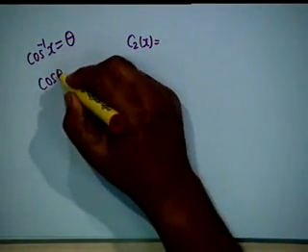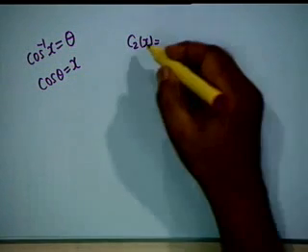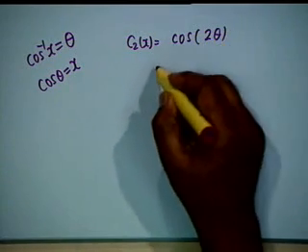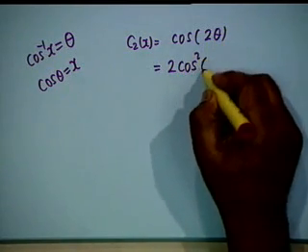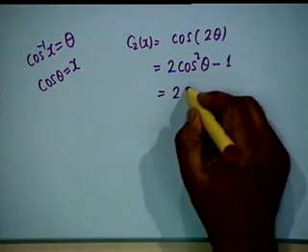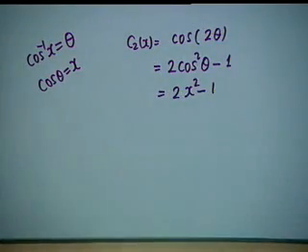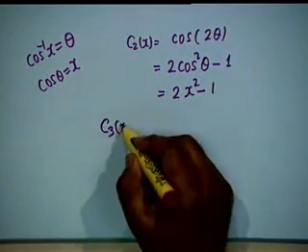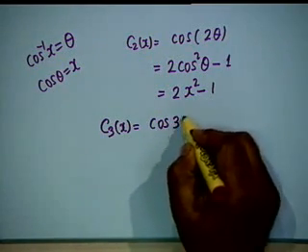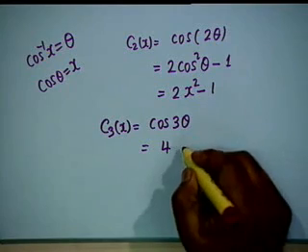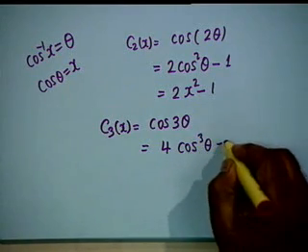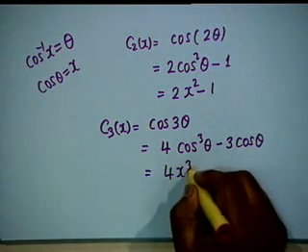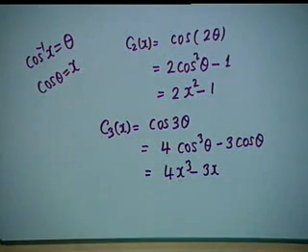Then cosine theta is equal to x, and therefore C2 of x would be cosine of twice theta, which is twice cosine squared theta minus 1, that is equal to twice x squared minus 1. Ultimately our interest is in the variable x. Similarly, C3 of x, which is cosine of 3 theta, is 4 cosine cubed theta minus 3 cosine theta, and therefore C3 of x is 4x cubed minus 3x.